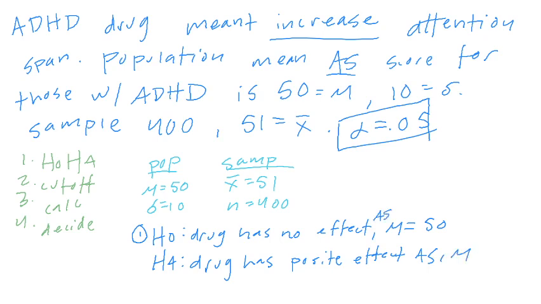And then the mathematical hypothesis would be something like this. It would be that the score is going to be greater, right? It's going to increase the normal attention span score that we would expect from people with ADHD. All right, so let's go ahead and get a new slide here, and let's work on our cutoff scores.